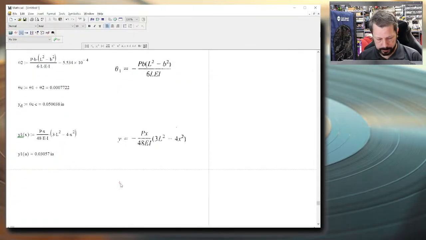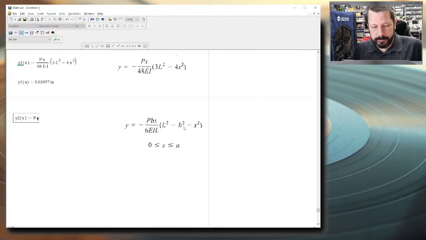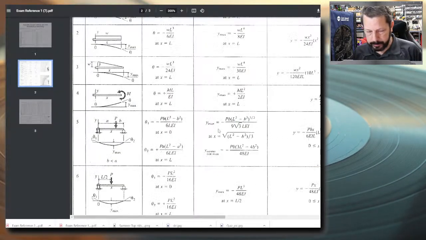So here's our equation. Y2 of X is equal to P times, now here, this B, this is probably going to be another place I could mess up. B in this picture refers to the shorter distance.